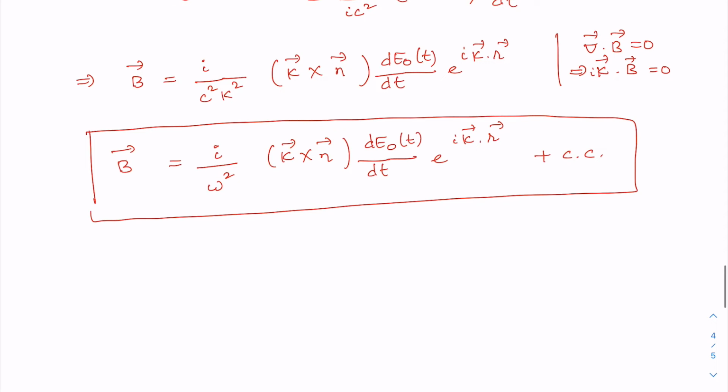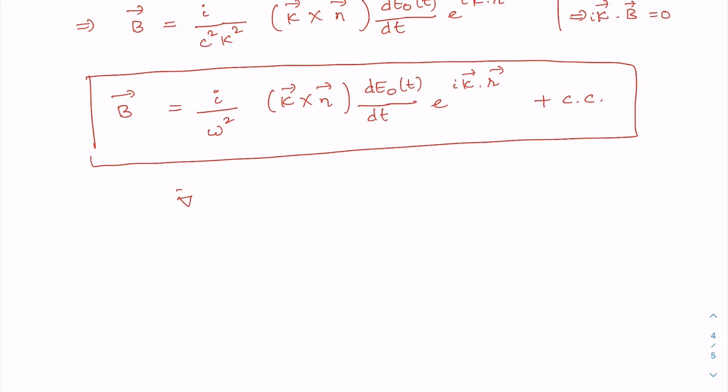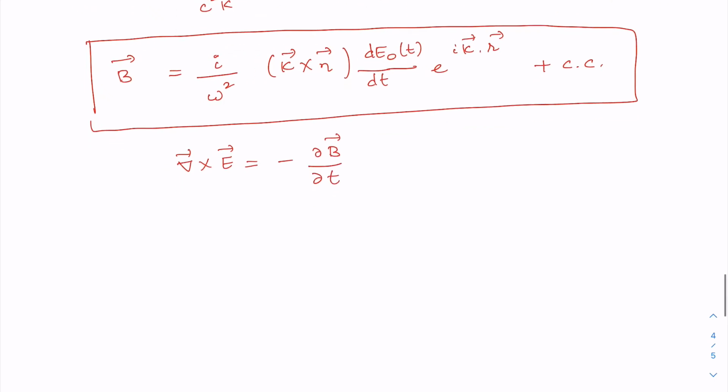Now if you take the time derivative of this magnetic field and put it in the Maxwell equation, curl of E is equal to minus del B del t, what will I get? Del I can replace by i k, and this would be E. And here I have i by omega square, k cross eta.